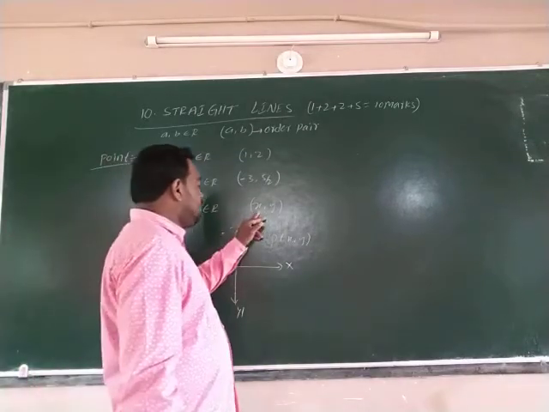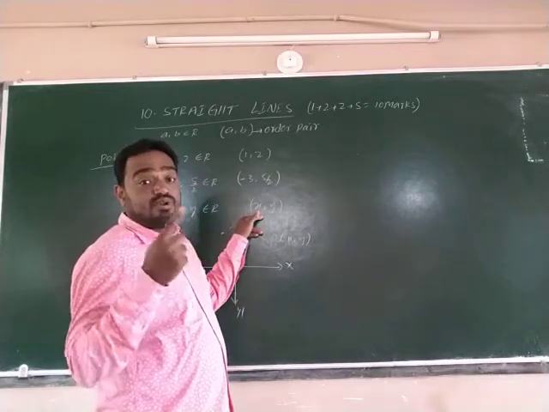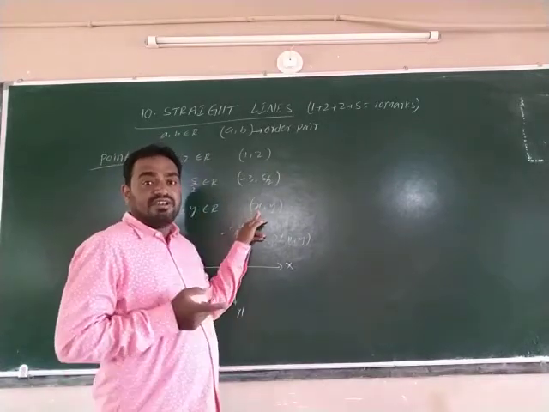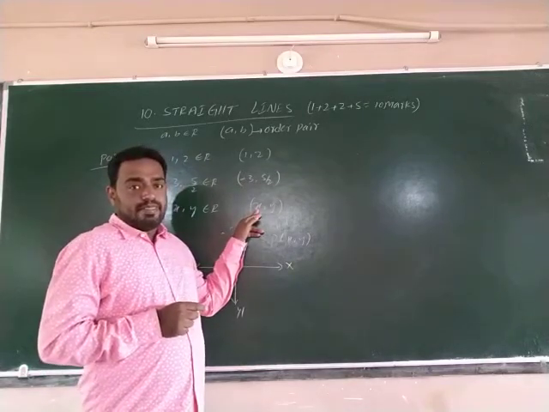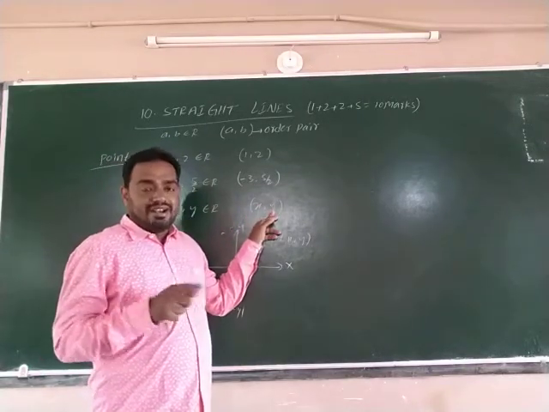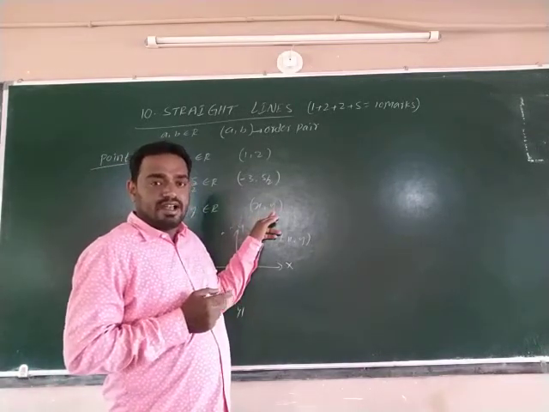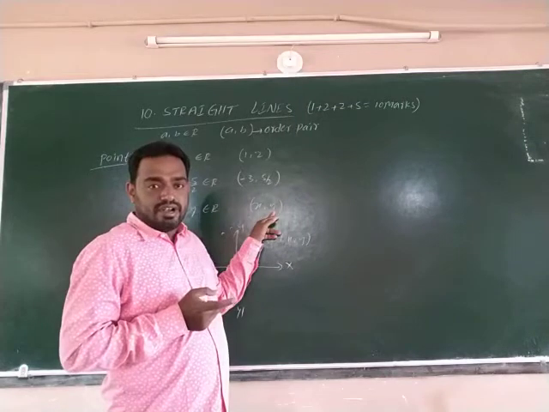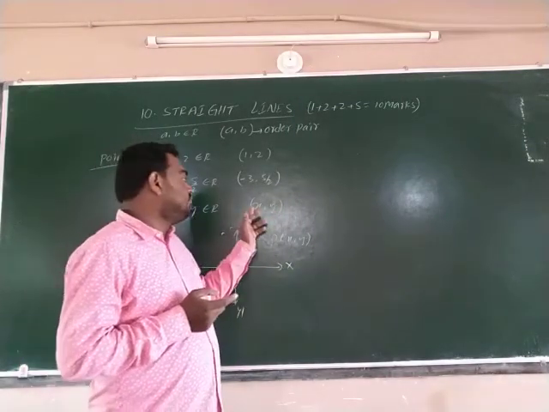Then here, first element in the order pair is called x coordinate or abscissa. Next, the second element is called y coordinate or ordinate.